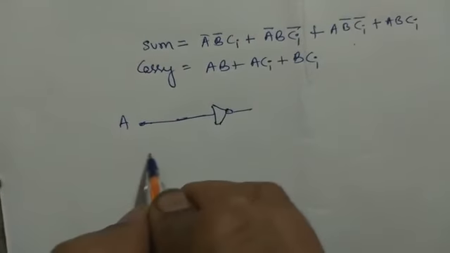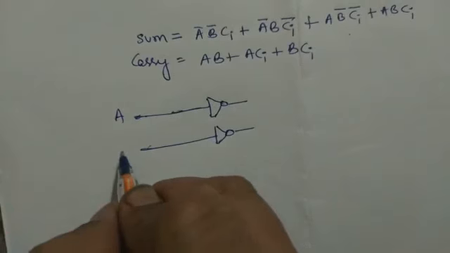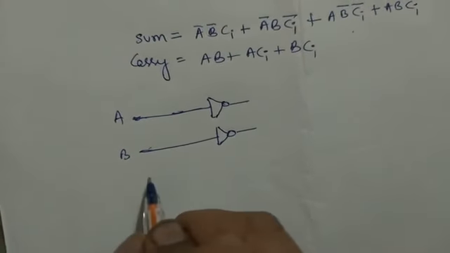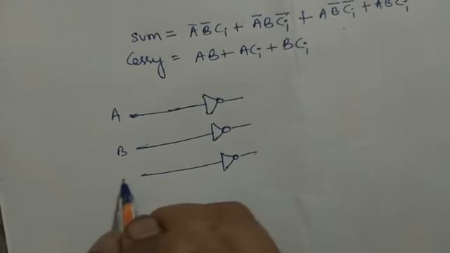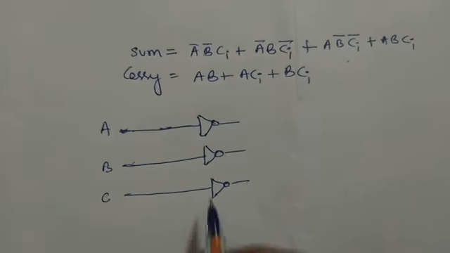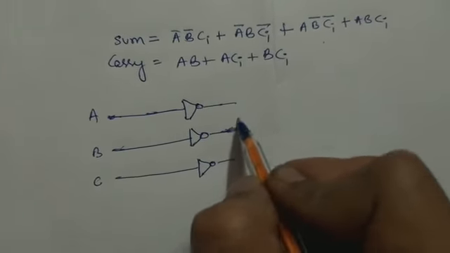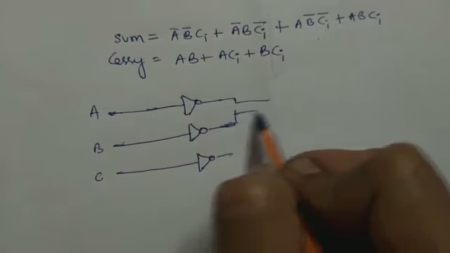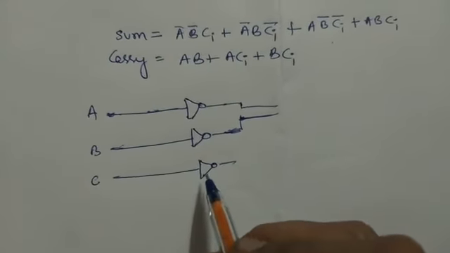Let us take it for all of them, B, and similarly for C also. Now first we have A bar B bar CI. I'm taking A bar, B bar and CI.